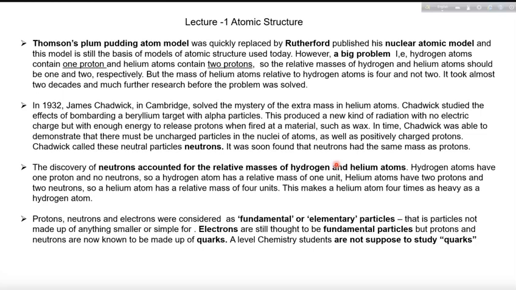They are made of quarks. In A-level chemistry, we are not supposed to discuss quarks. Therefore, in A-level chemistry, we will have these 3 fundamental particles. We'll discuss proton, electron, and neutron.